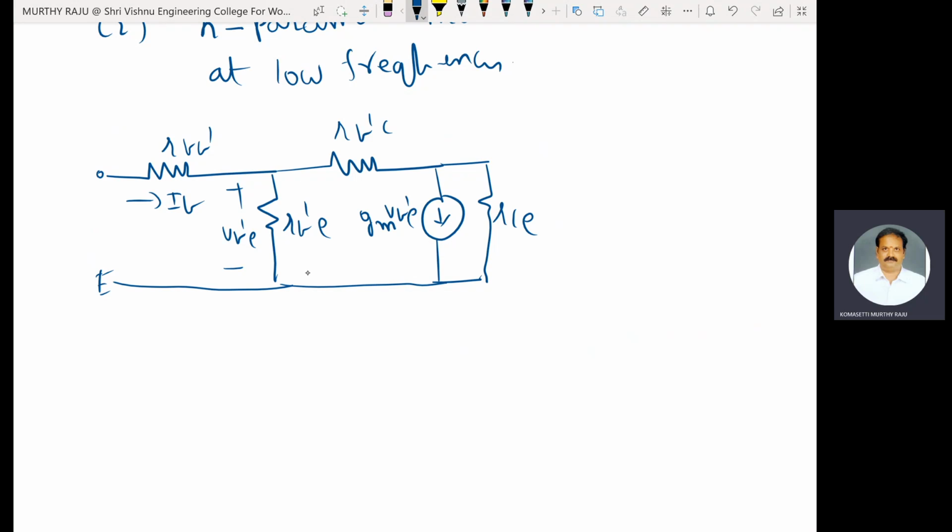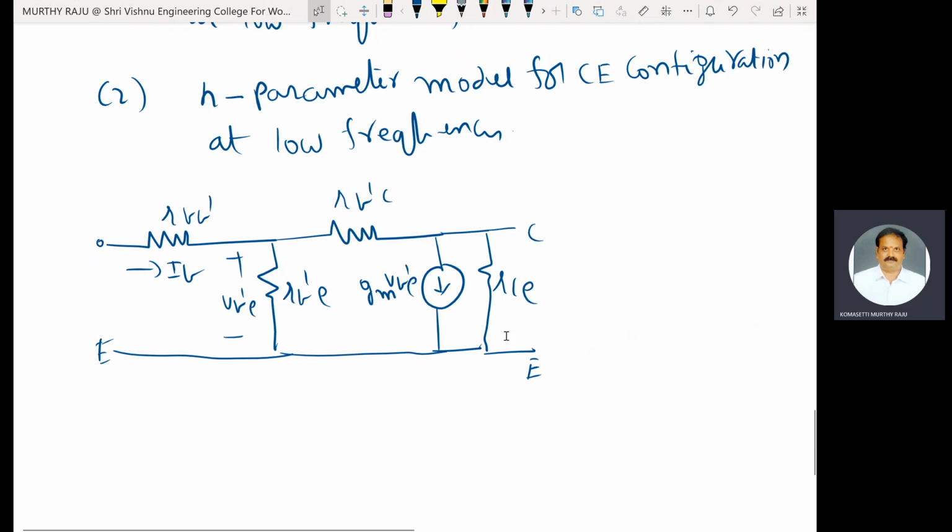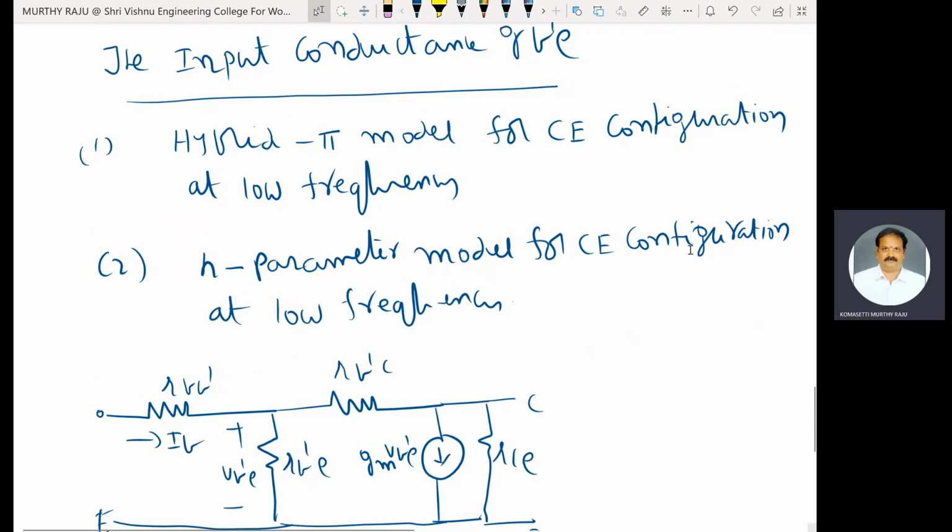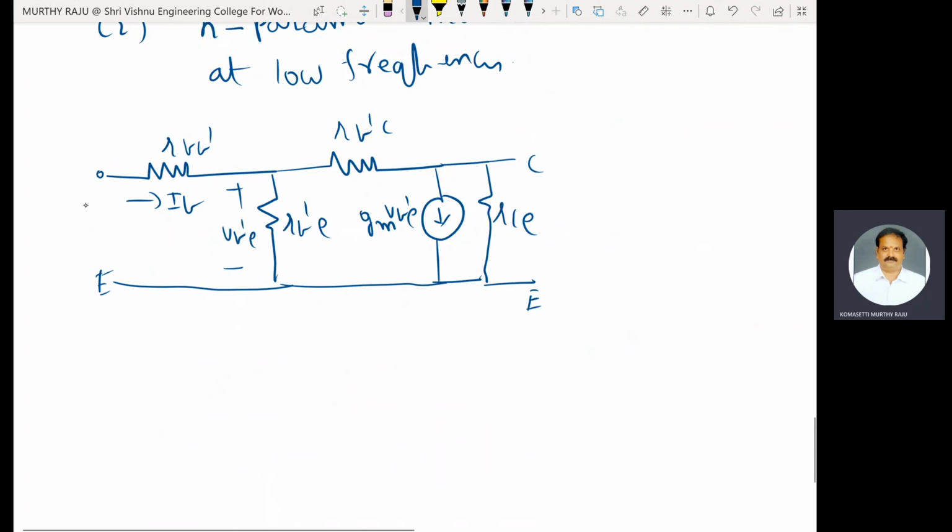Here the CE capacitance and the CC capacitance are there in the hybrid pi model. These two capacitance values are neglected at low frequency, because this is the hybrid pi model for CE configuration at low frequency. At low frequencies, these two capacitive effects, CE and CC, are neglected. That is the reason CE and CC are eliminated.